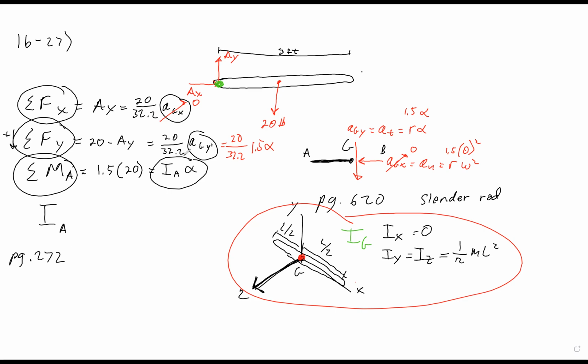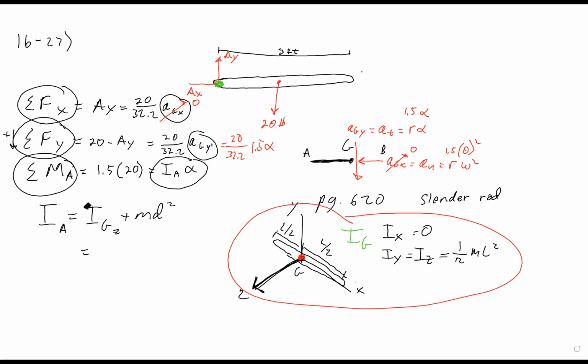Now, look at how they handle the I sub A in Z. They continue underneath equations A, B, and C and say it's equal to the rotational inertia of G in the Z direction, plus the mass times d squared.